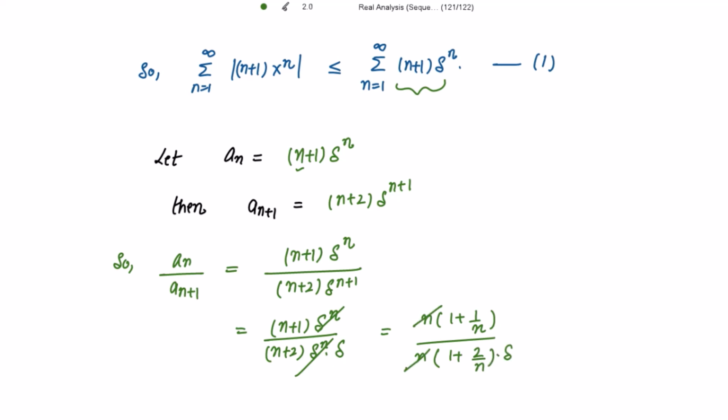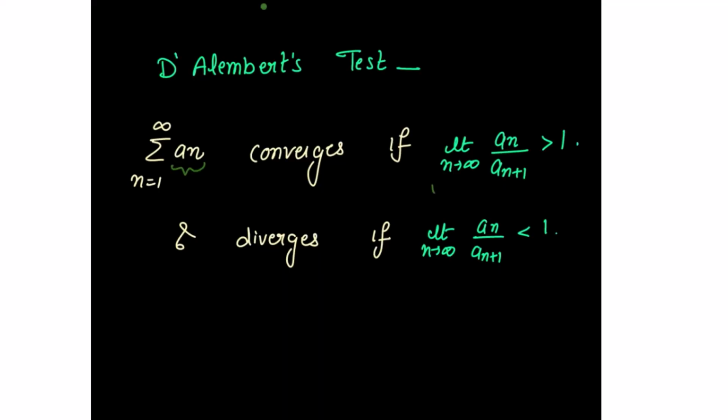Now let's apply the limit n tends to infinity on an divided by an plus 1 for D'Alembert's test. If this limit is greater than 1, then we say that the series is convergent. So let's apply the limit.